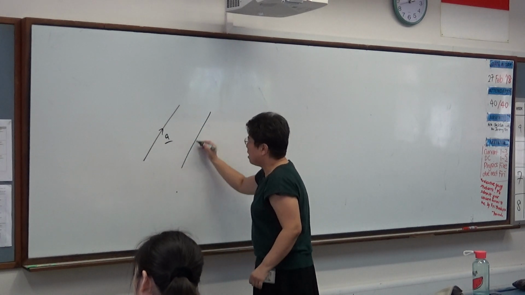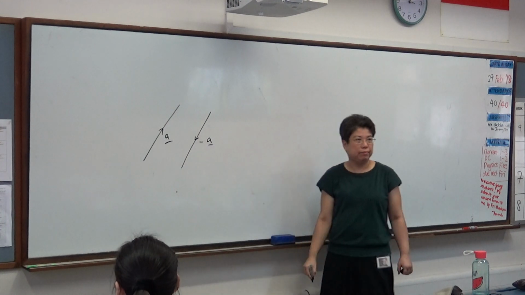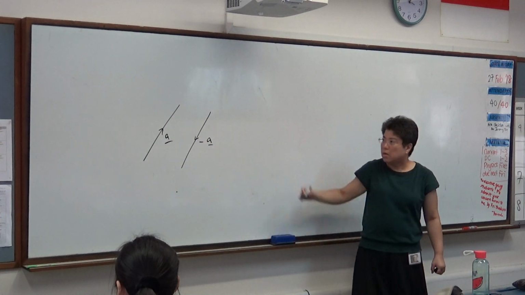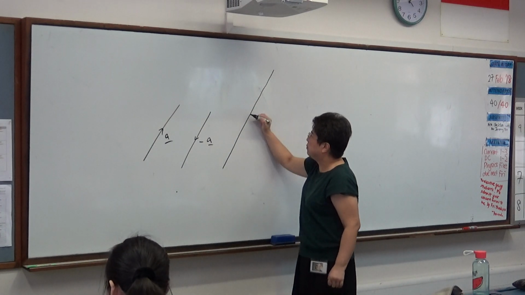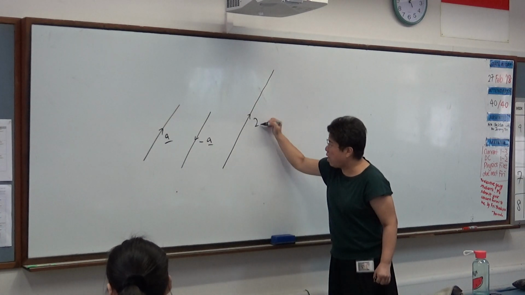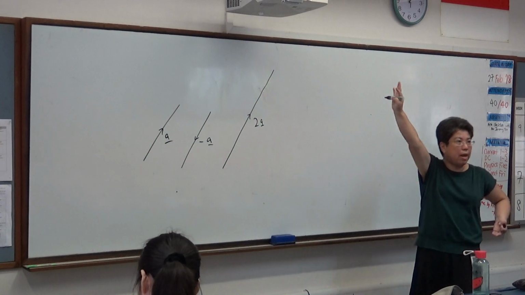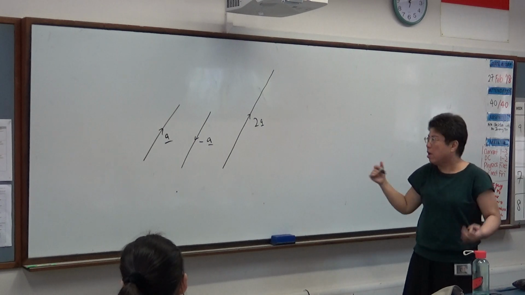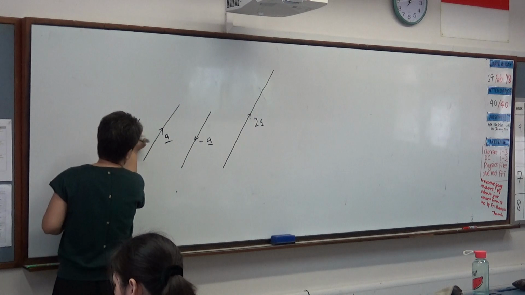If it's the other direction and same length, it's negative A, right? Everybody okay? Now, what if it is the same direction but twice the length? So it will be 2A. Everybody agree? Okay, what if it's 3 times the length? So it's 3A.